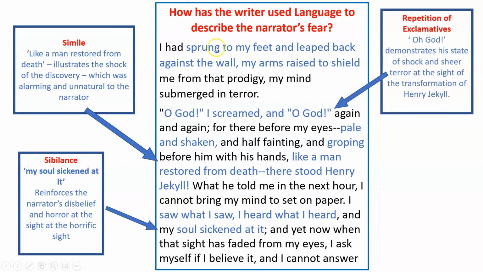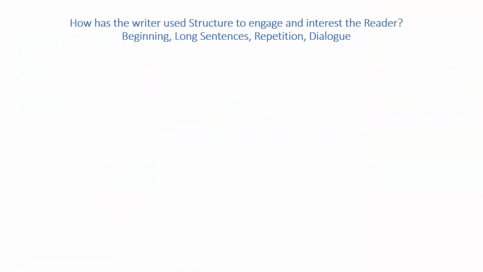Okay, guys. So we've already spoken about the exclamative and the repetition of the exclamative. The next bit that I want to go on to is the question on how the writer uses structure in this extract to engage and interest the reader.